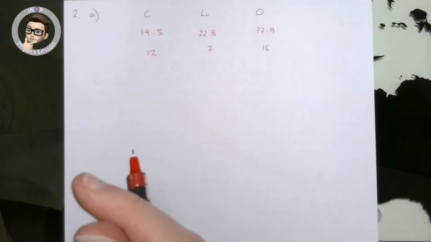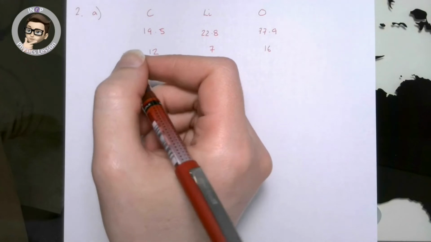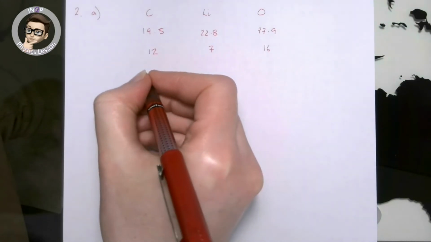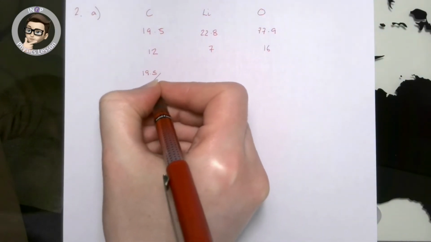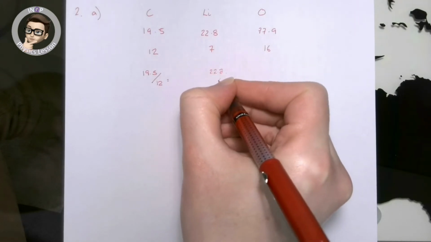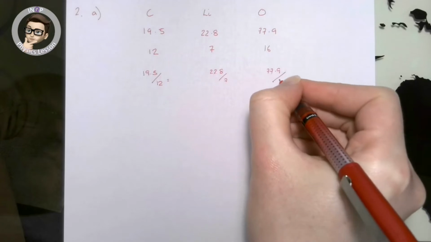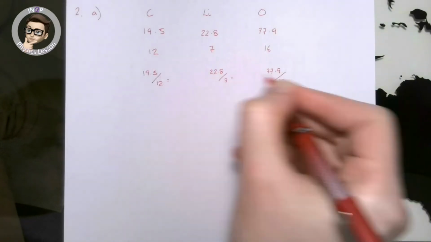Next step, step 4 in fact, is to divide the masses by their relative atomic masses. So it's going to be 19.5 divided by 12, 22.8 divided by 7, and 77.9 divided by 16.